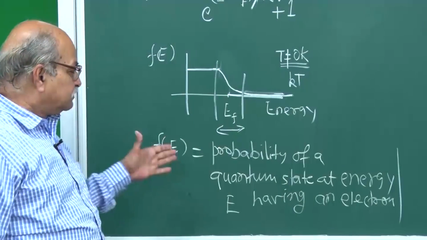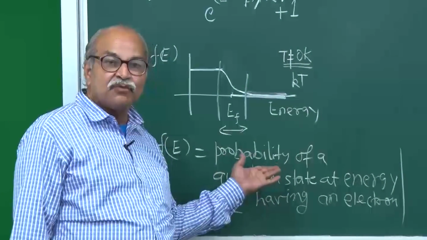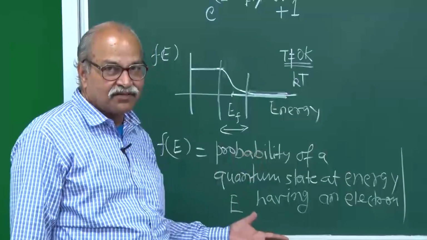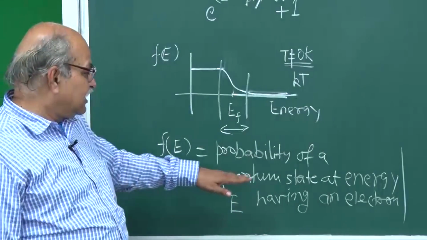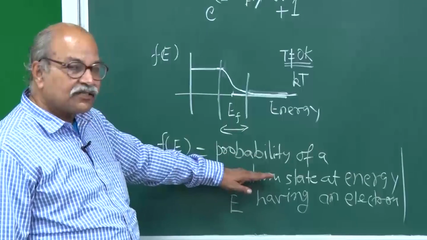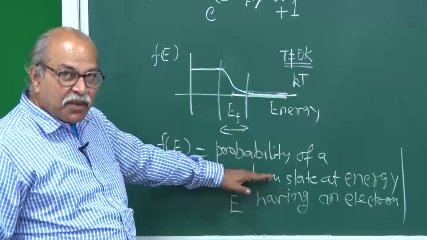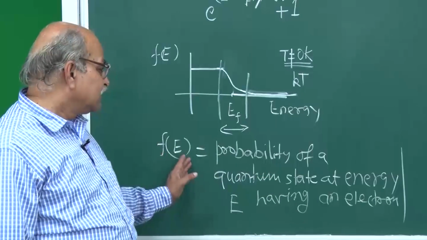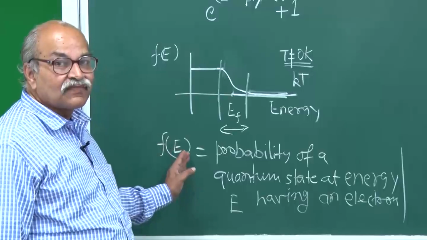You remember no quantum state can have more than one electron. So either it has an electron or it does not have an electron. So if the energy of that quantum state is E, then the probability that it does contain an electron is given by this function.